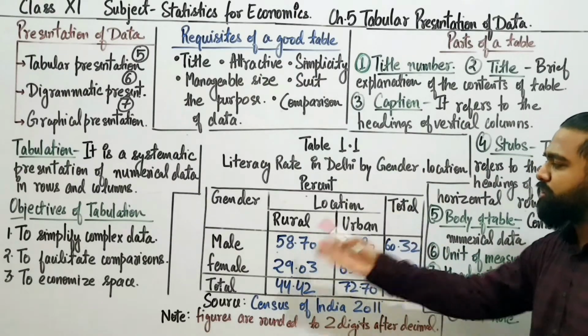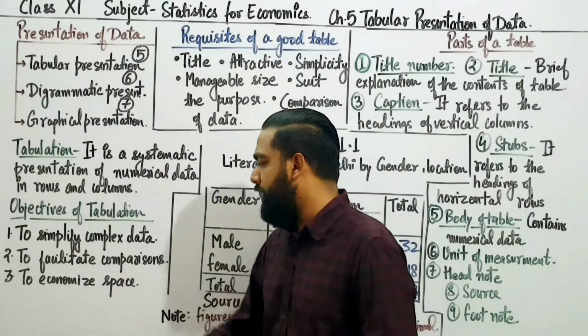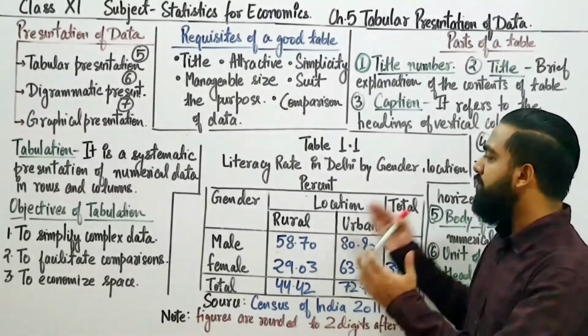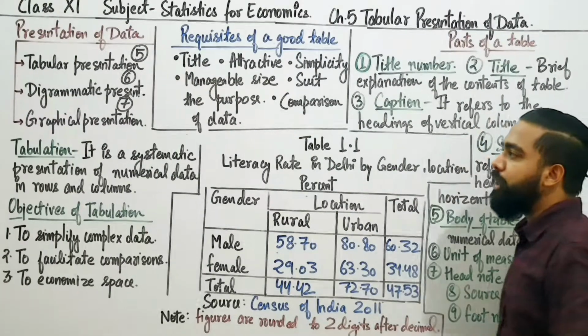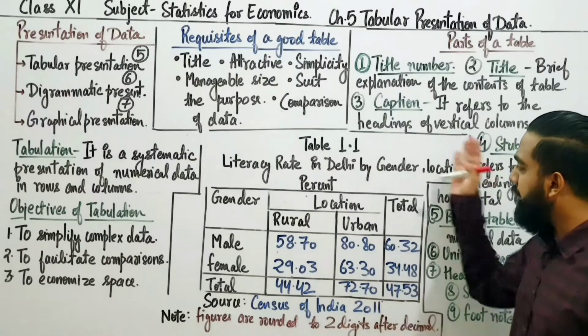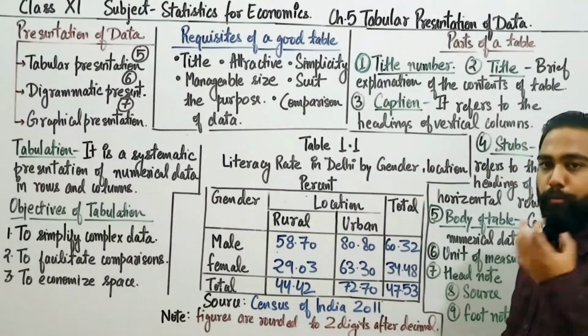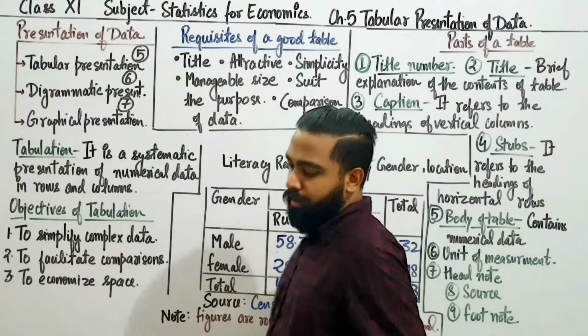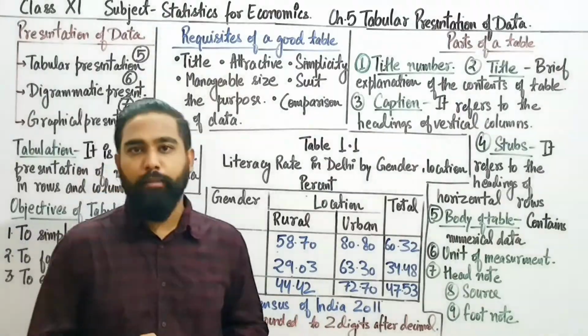The third is to economize space so that you can save your page. If you had written this data out, it would have taken lots of pages. But if you tabulate it, it becomes so precise that you can easily cover it in your page and save space.